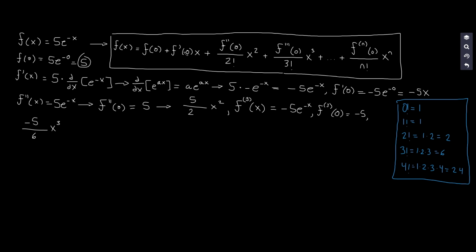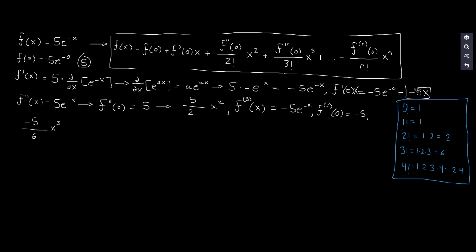So f prime of x at 0 is -5 times Euler's number raised to the power of -0, and that's going to be -5x. So we're going to put an x on that.